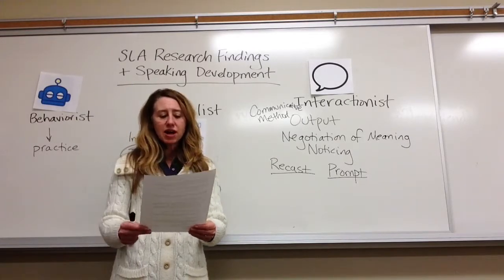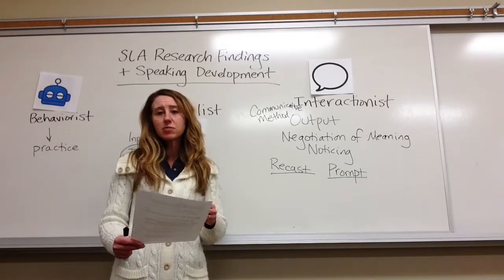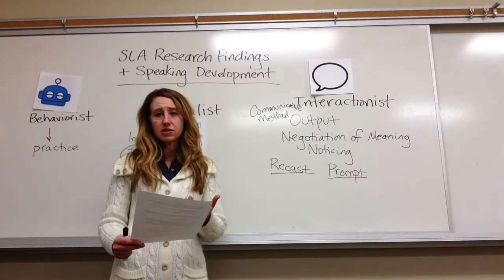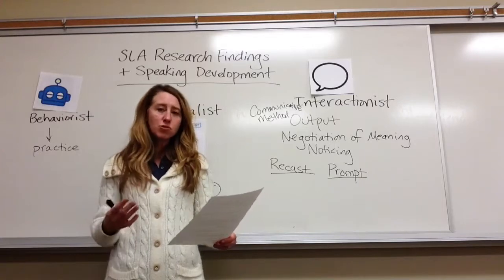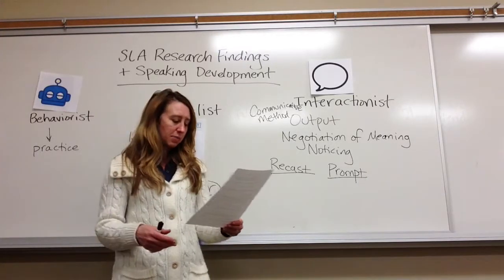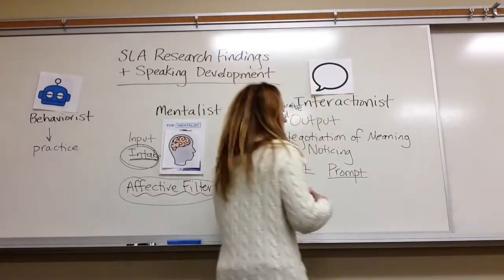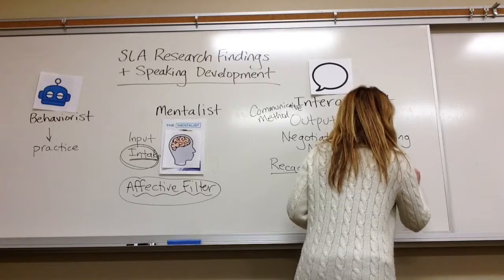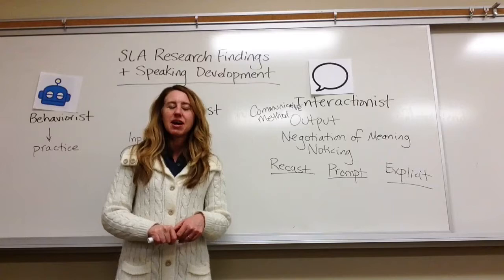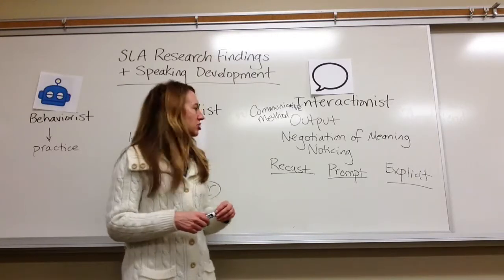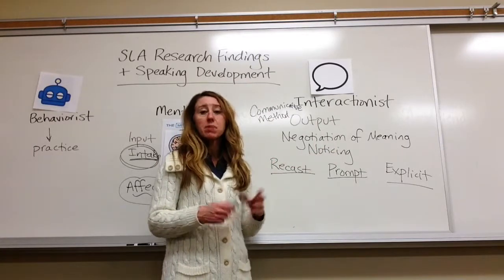So the student says, "I go to cinema at weekend," and you say, "Oh, I went to the cinema on the weekend," right? So you just say it back that directly. That's the most direct correction that happens with a prompt. And then the final kind is that explicit, which, as I mentioned, happens less and less, and not very often in language classrooms that the teacher is approaching from this model. But it still happens.